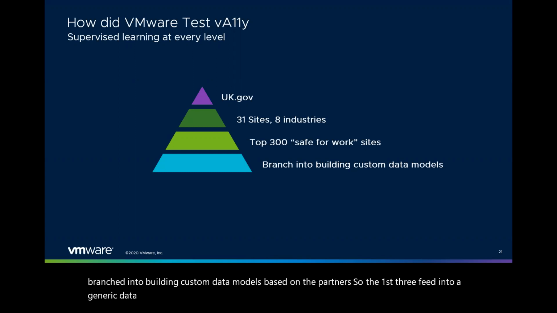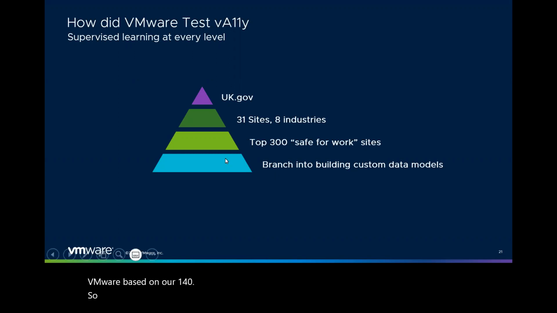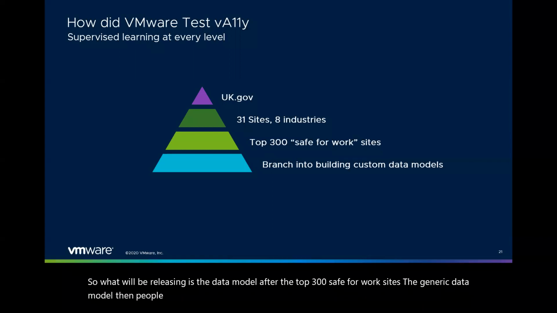And then we started branching into building a specific data model for VMware based on our 140 products. So what we'll be releasing is the generic data model after the top 300 safe for work sites. Then people can customize on top of that by feeding in their own supervised learning for their own particular products.